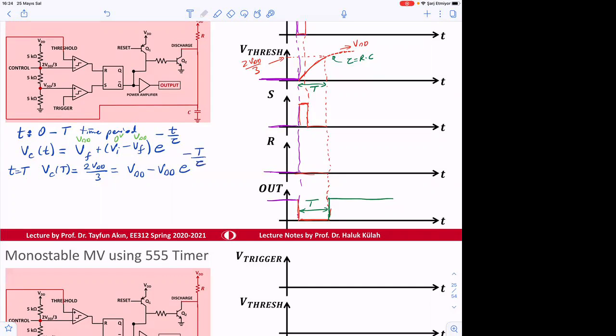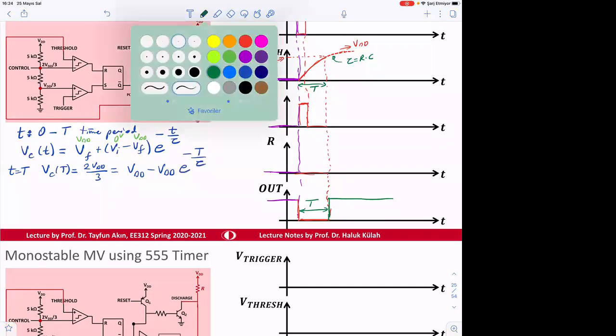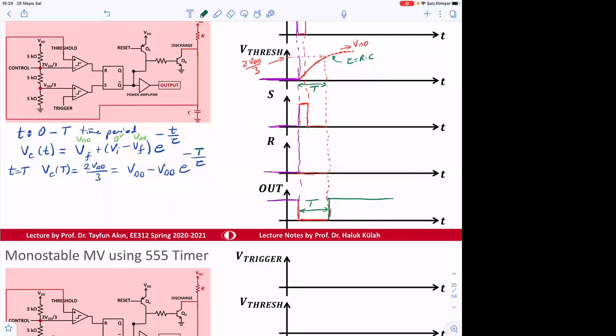So the only unknown here is t. So this t can be extracted. The t is the unknown value, and all the others are known.